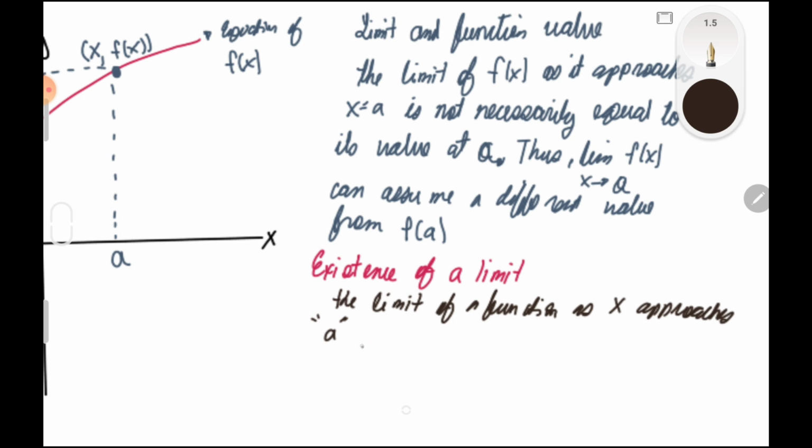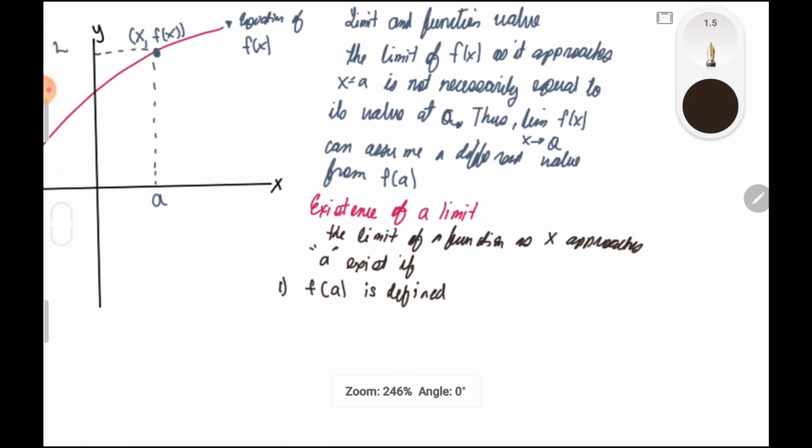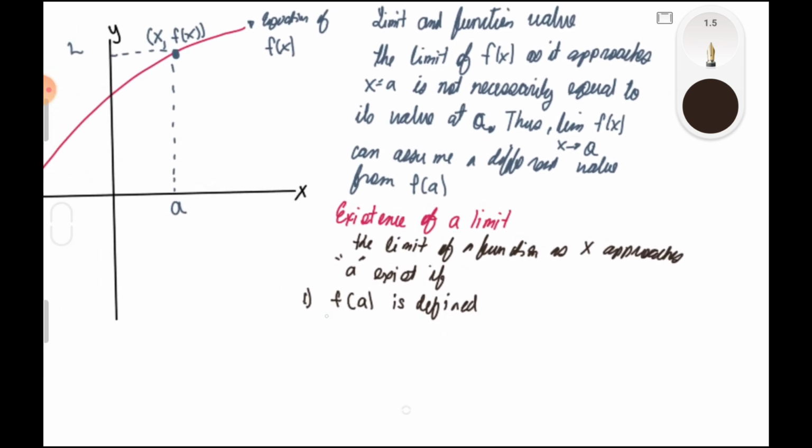The limit of a function, therefore, as x approaches a, is not necessarily equal to the value of a. Thus, the limit of f of x as x approaches a can assume a value different from f of a. The limit of a function as x approaches a exists if f of a is defined or f approaches the same value as x moves closer to a from both directions.